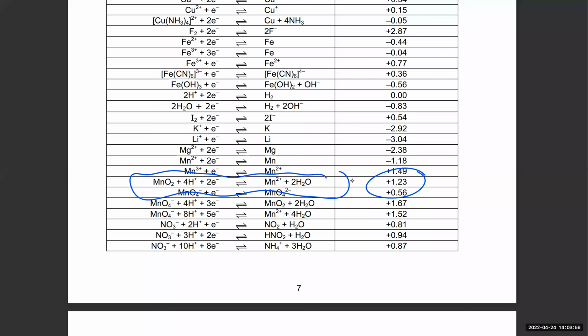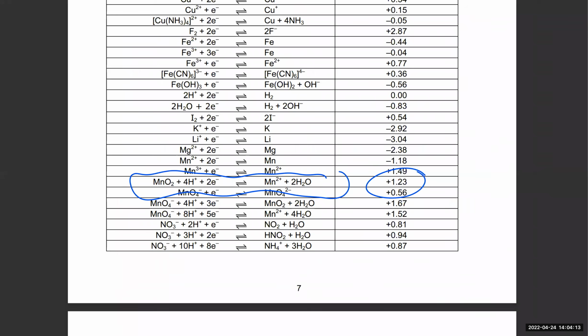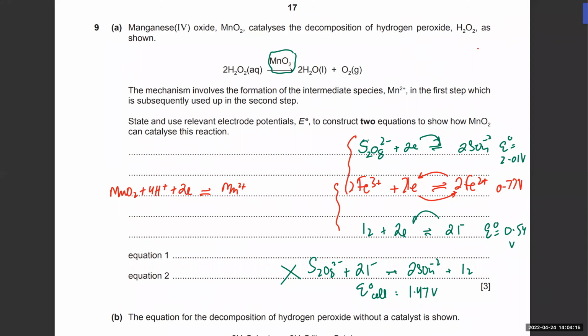If you go back to the question, it's MnO2 plus 4H+ plus 2 electrons in equilibrium with Mn2+ plus 2H2O, and this is 1.23 volts.